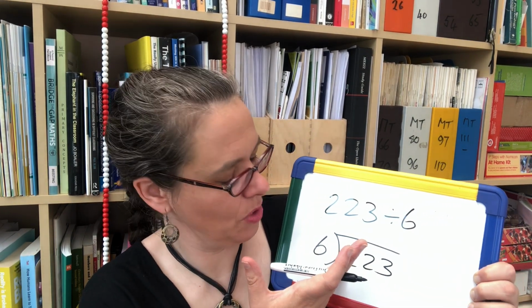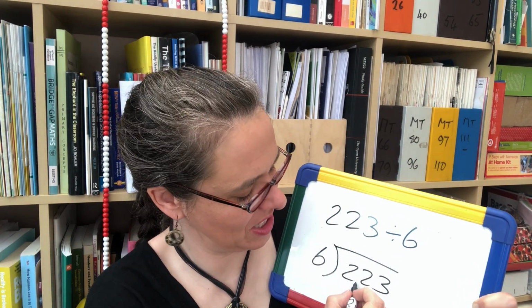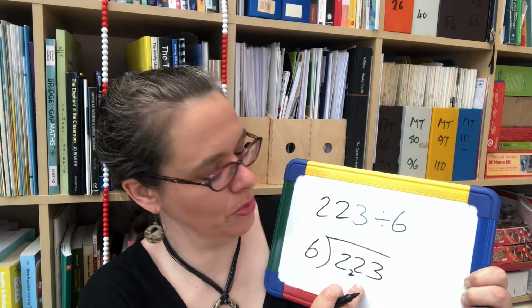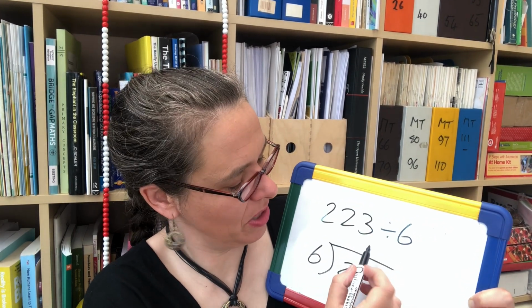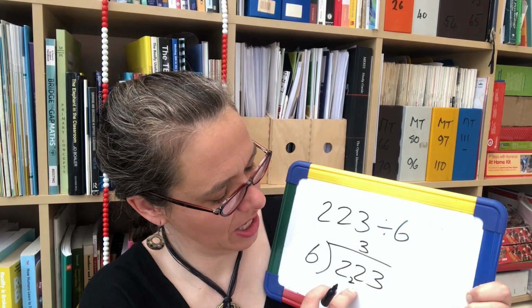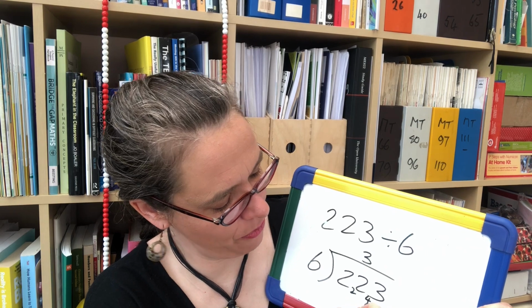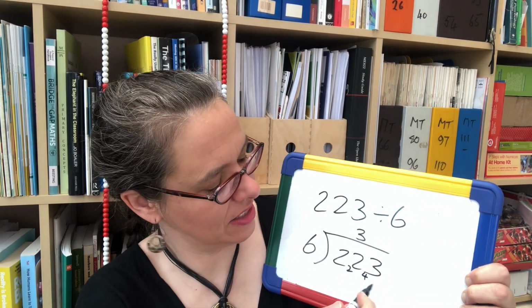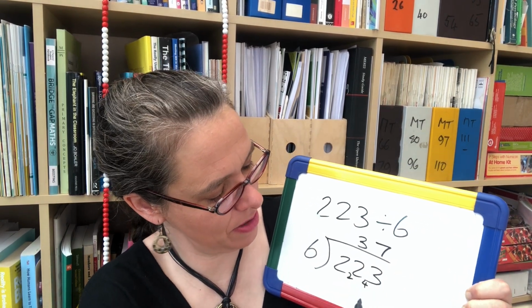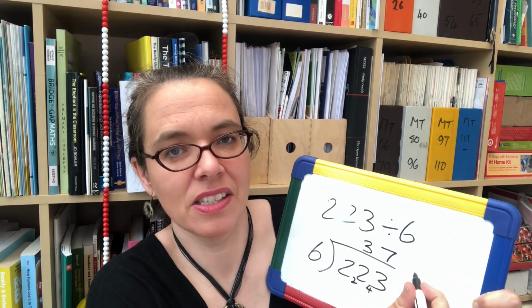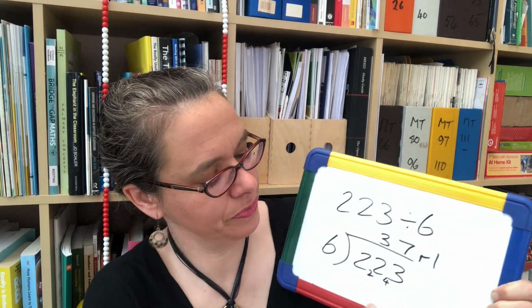We can't share 200s between 6 people, so we change them into tens. We've got 22 tens, so each person can have 3 tens, and that leaves 4 tens that we can't share, so we get 43 ones, and that gives each person 7, which is 42, so it's remainder 1.